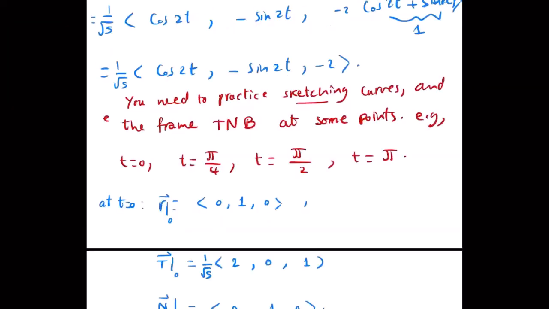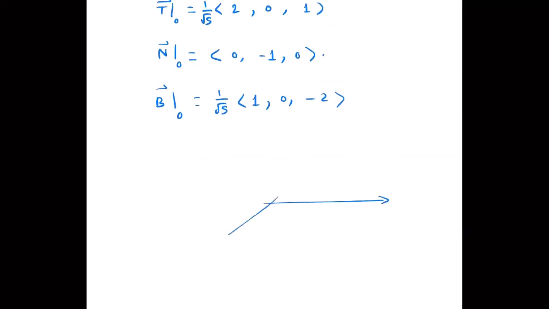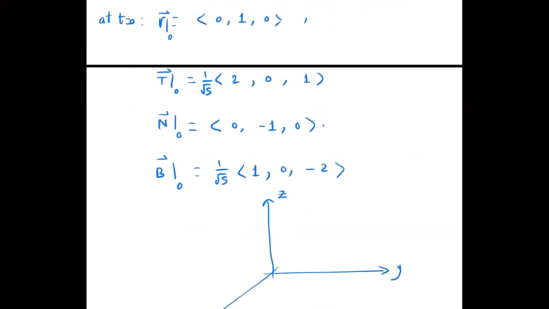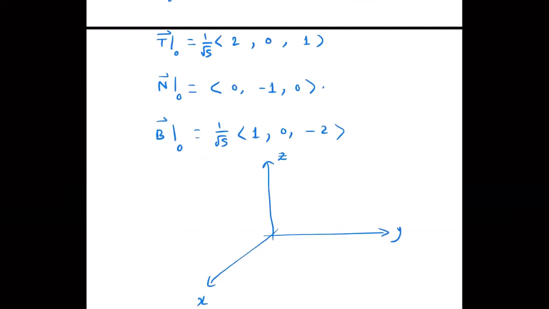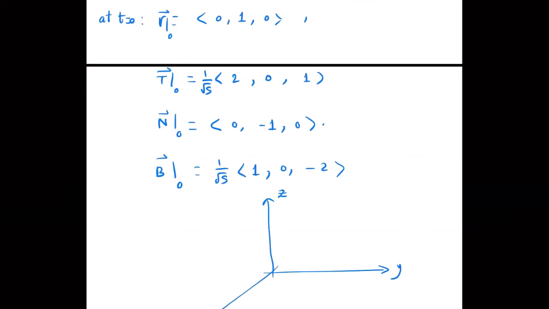To draw this, this is the x-axis, the y-axis, the z-axis. The first point of motion. How to know the direction of motion? We need a point and another point.